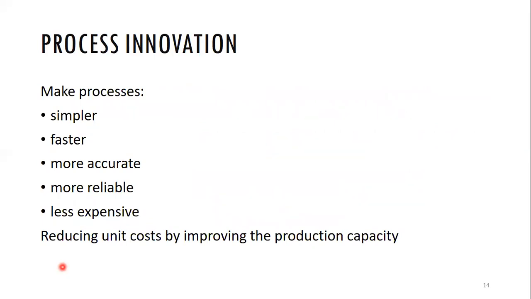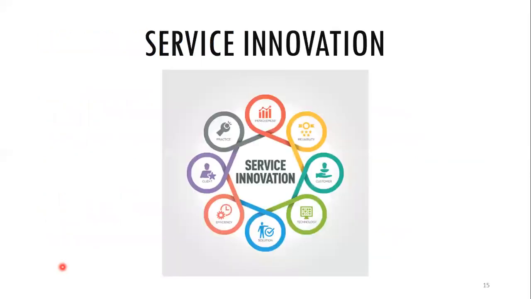Process innovation makes processes simpler, faster, more accurate, more reliable, and less expensive. It may improve the production capacity by reducing the costs as well. So that is actually process innovation.